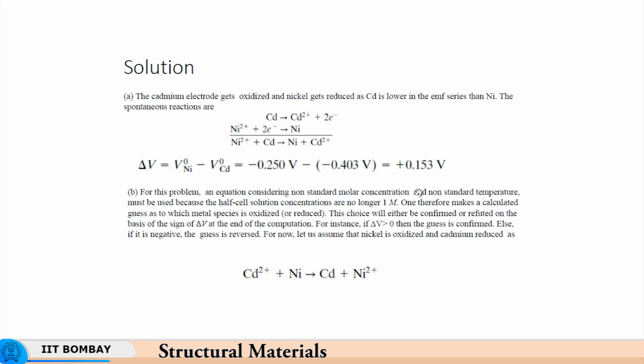Now, it is important to understand that these plus and minus signs indicate whether the direction of the reaction is correct or not. Of course, for standard electrodes, we know which is going to be the cathode and which is going to be the anode based on position in the EMF series, so there is no question of going wrong here, because you will always get a positive sign if you are using the electrochemical series correctly.